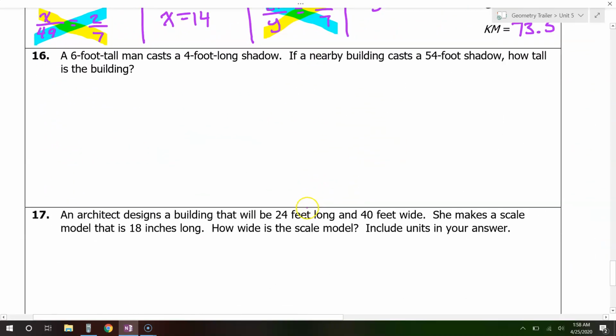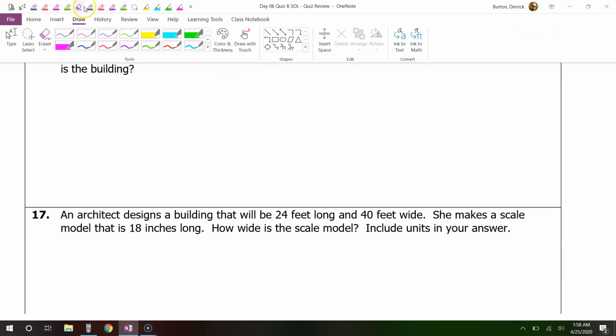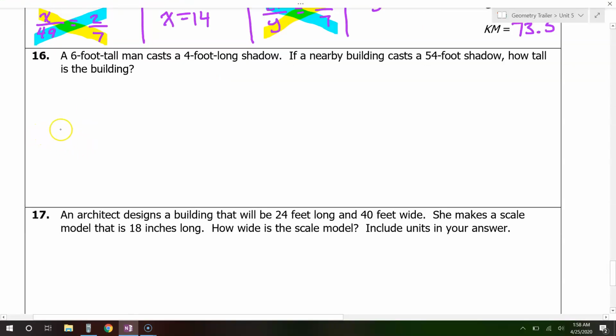Okay, so let's finish up with a few word problems. A 6-foot tall man casts a 4-foot long shadow. If a nearby building casts a 54-foot shadow, how tall is the building? Okay, so here's the ground. Well, here's the shadow. So here's the shadow and the man. Okay, so this is going to make a sort of a triangle.